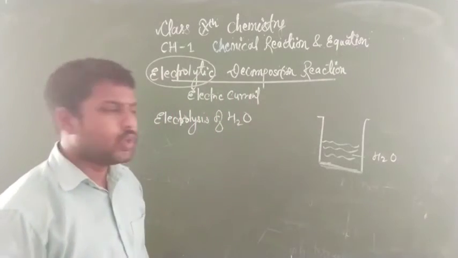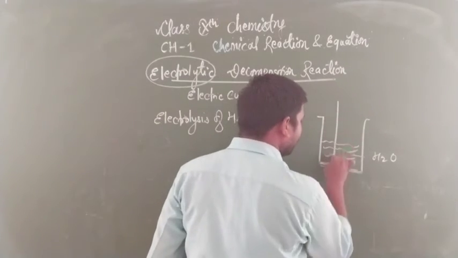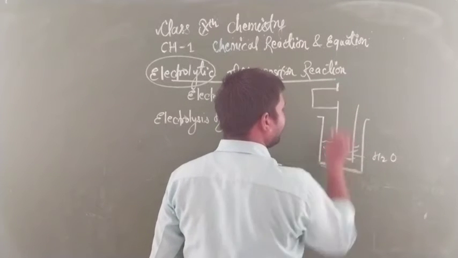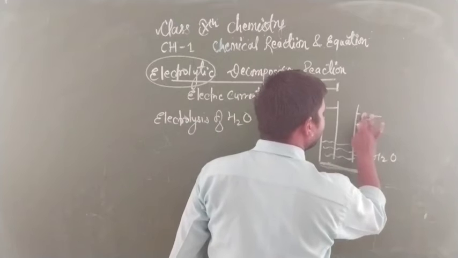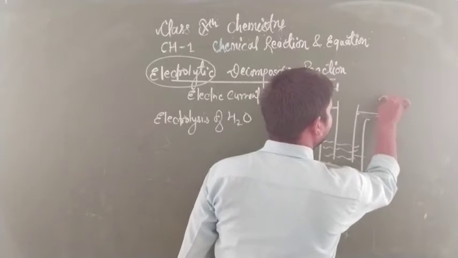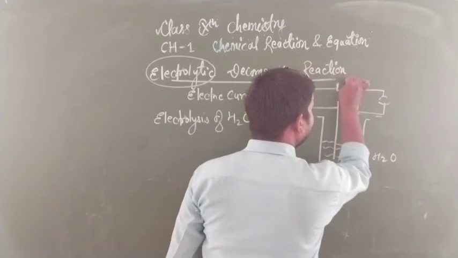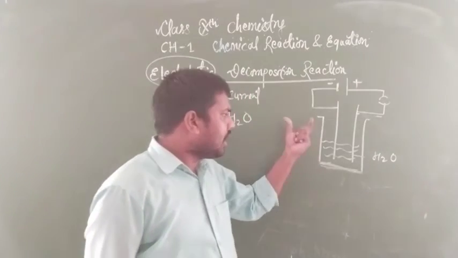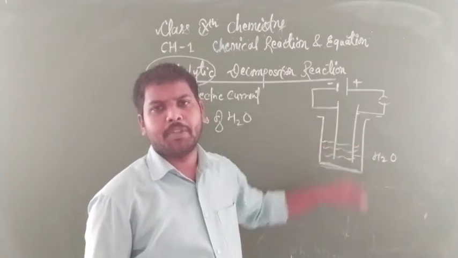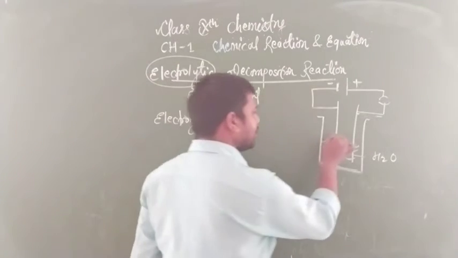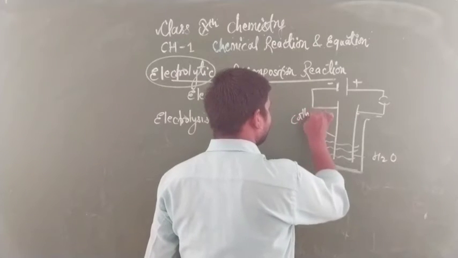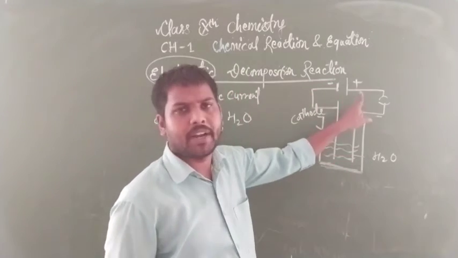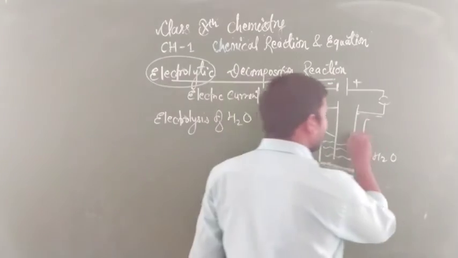Now immerse two rods children. One rod you connect to the negative terminal of the battery, and the second rod you connect to the positive terminal of the battery. The rod which is connected to the negative terminal of the battery is called cathode. And the rod which is connected to the positive terminal of the battery is called anode.